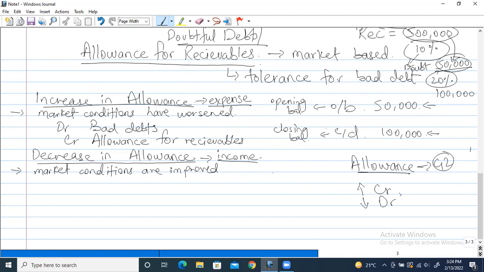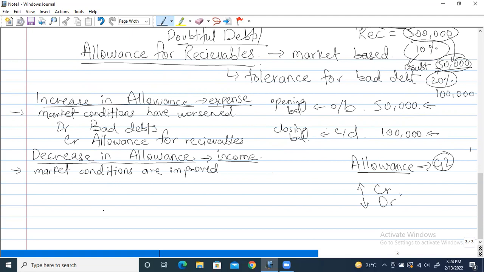Okay, so we'll debit bad debts. We can record it separately as expense as well. But if we are debiting bad debts, it means the same thing, right? We are increasing the expense because increase in allowance is the expense over here. So credit allowance and debit bad debts.